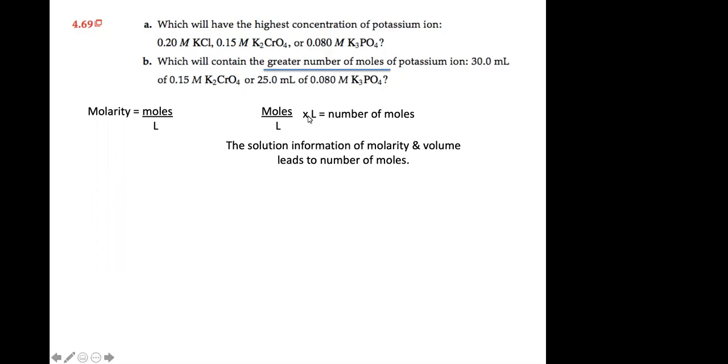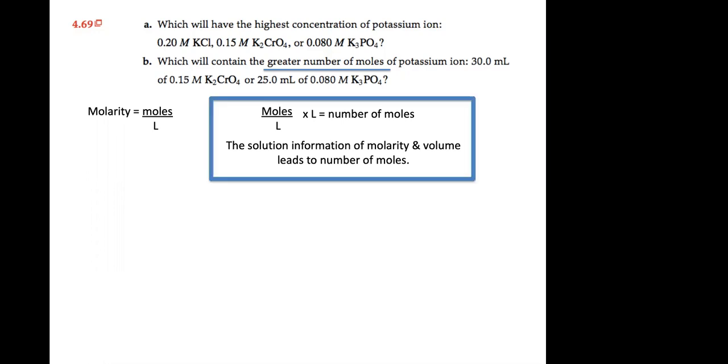And we find that if we do the concentration in moles per liter times the number of liters that we have, that will get me to the number of moles. The solution information of molarity and volume gets me to the number of moles. This right here, really important relationship. I don't think this gets a big enough description within chapter 4. For me, this is really important.